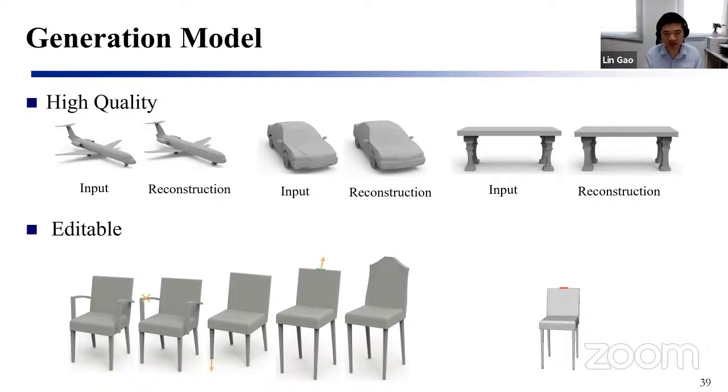Another very good thing is that because it is a mesh model, we could apply editing on the meshes directly. We could use the editing technique to deform the chair to model some new shapes.